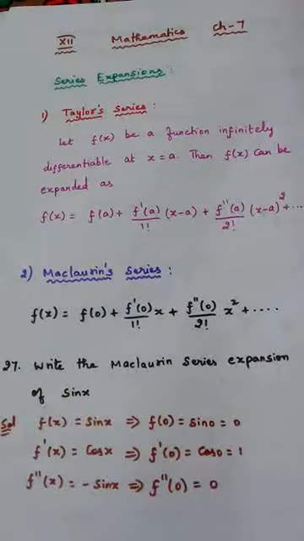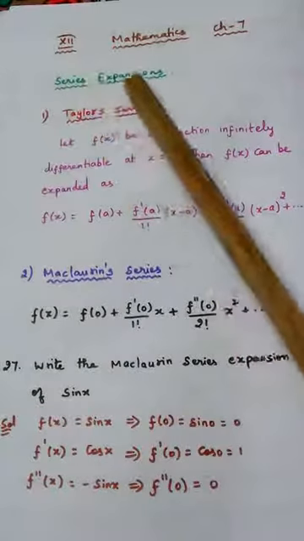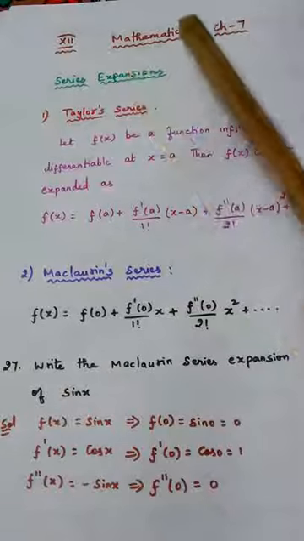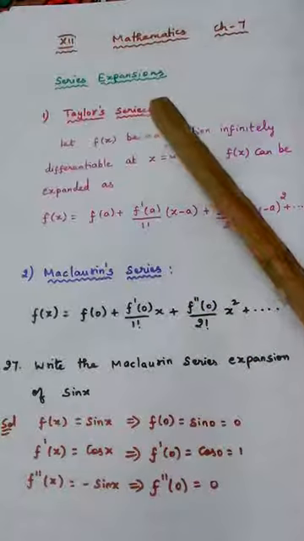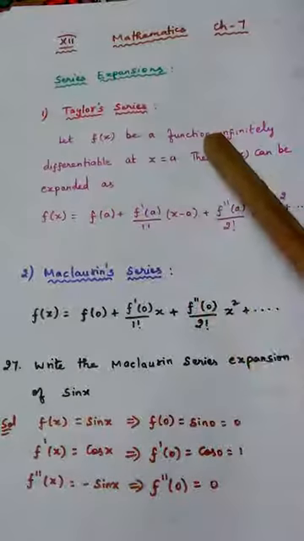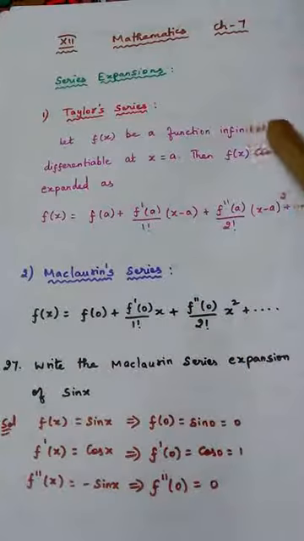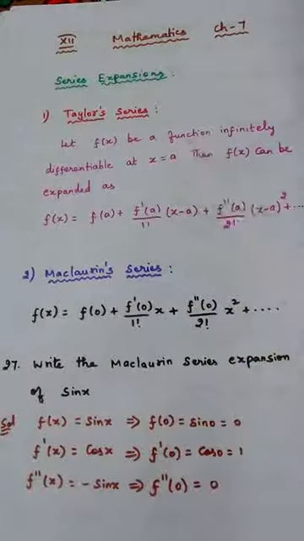In this class, we will see some series expansions. Series expansions is our heading, out of which we are going to see 2 types of series. One is called Taylor's series, and the definition comes like this. Let f of x be a function infinitely differentiable at the point x equal to a.